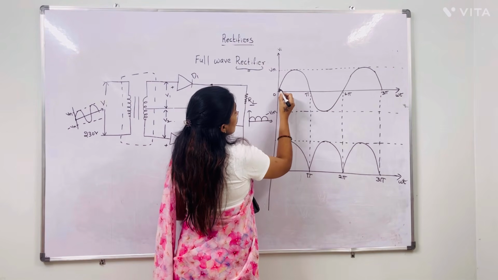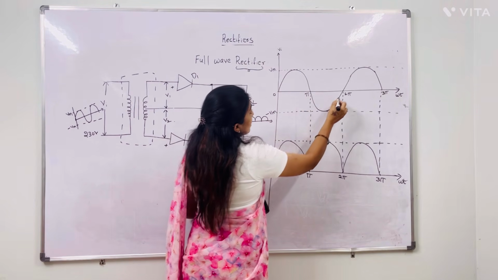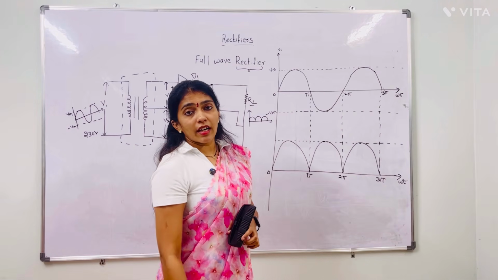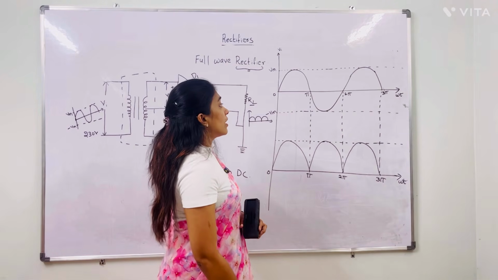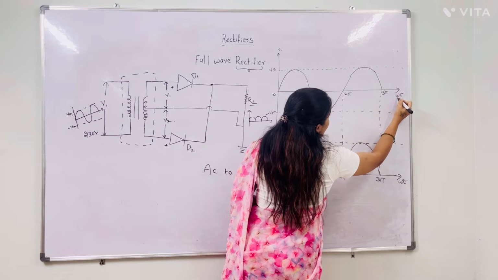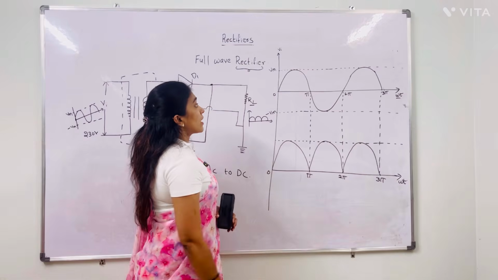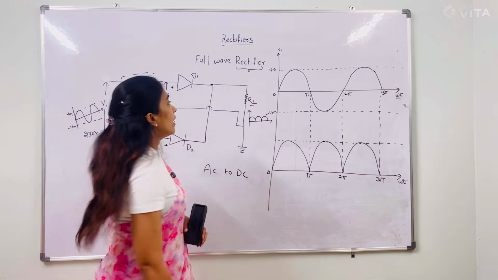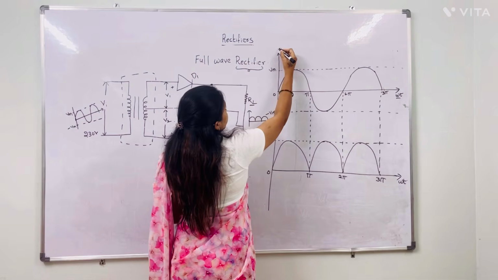So here AC means alternating current, or alternating voltage, always changing with respect to time. That is why on the x-axis we are representing the time period, omega t, and on the y-axis voltage.